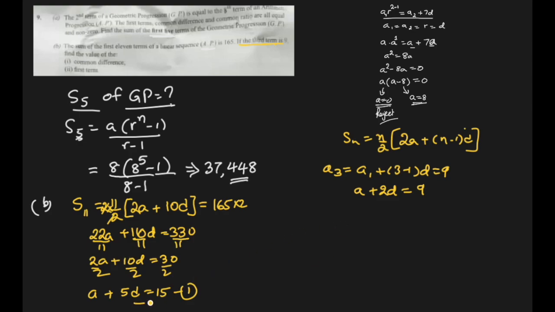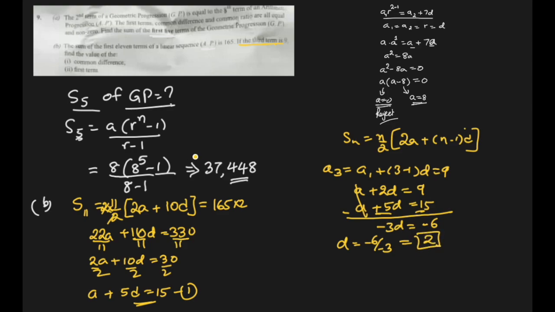And now we have this equation. Let's write it here: a plus 5d equal to 15. Let's subtract. This cancels. Minus 3d equal to minus 6. So d will be minus 6 divided by minus 3, which is 2.